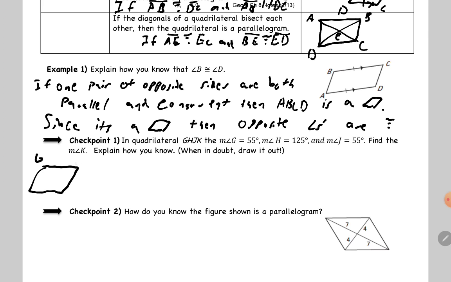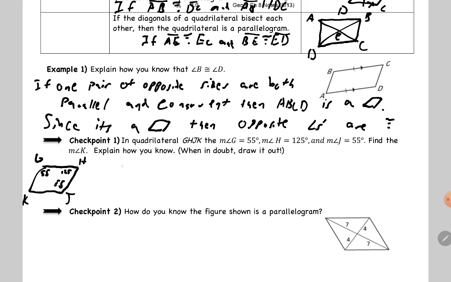We label our sides here: G, H, J, K. They tell you that G is 55 and H is 125. And we know that J is 55. Find the measure of angle K.